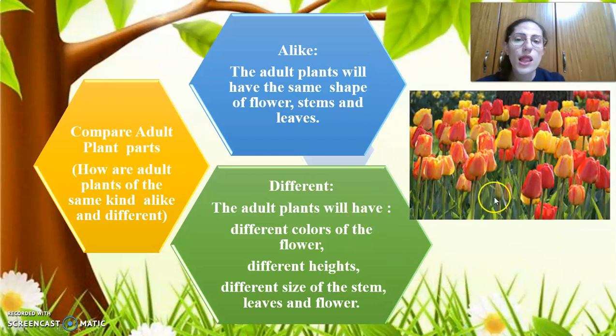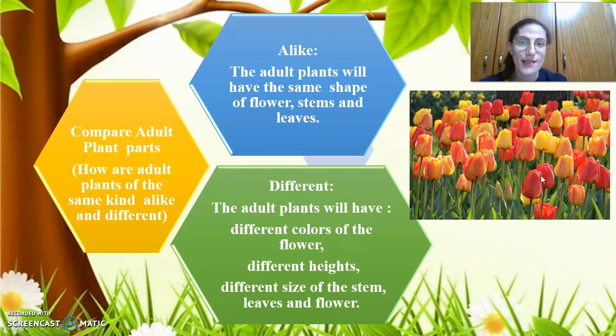So they all look the what? Same. In what sense? It means that they share the same parts. All of them have the same shape of flower, same shape of stem, same shape of leaves. But how are they different? They have different colors of the flower. They have different heights. Some are taller, others are shorter. They have different size of stems, leaves, and flower.